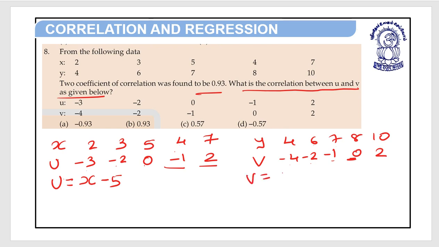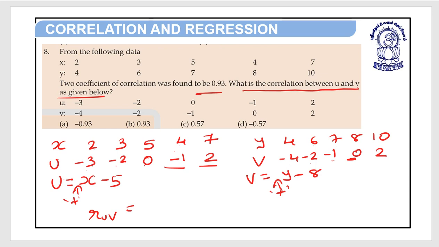So v is equal to y minus 8. Here the coefficient of x is positive, and in the same way the coefficient of y is also positive. So RUV becomes positive.